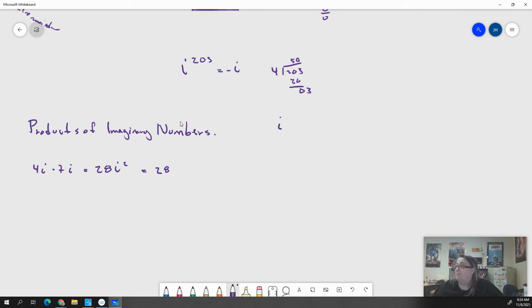If you remember, I said earlier the most important thing we would learn today is i squared equals negative 1, and i equals the square root of negative 1. So this is like saying 28 times negative 1, which equals negative 28.